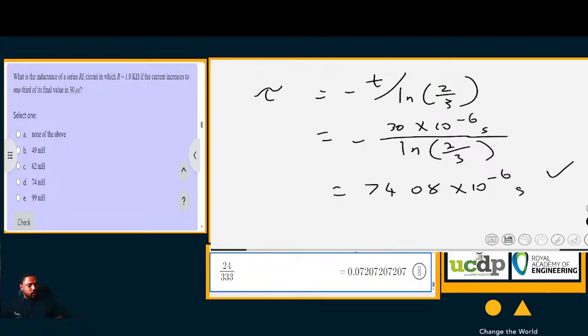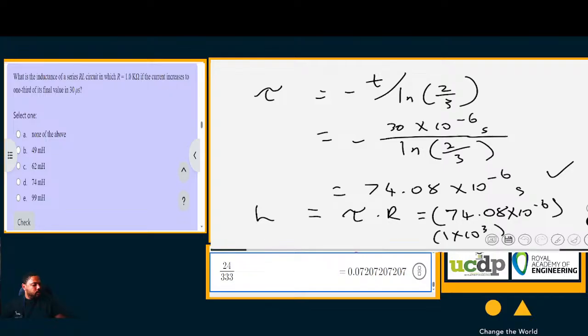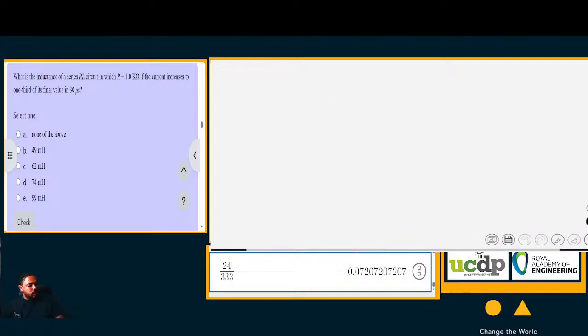So we have the time constant, but we want the inductance. How do we calculate inductance from the time constant? Inductance is equal to the time constant multiplied by the resistance. Now the time constant is 74.08 times 10 to the negative 6, multiplied by the resistance, in this case 1 kilo ohm, so 1 times 10 to the 3 ohm, and that should give you an inductance finally.